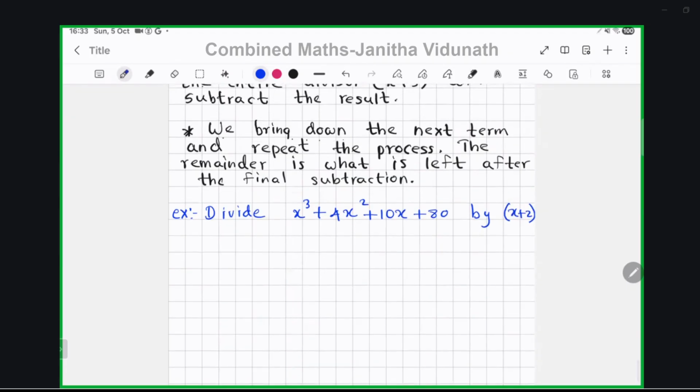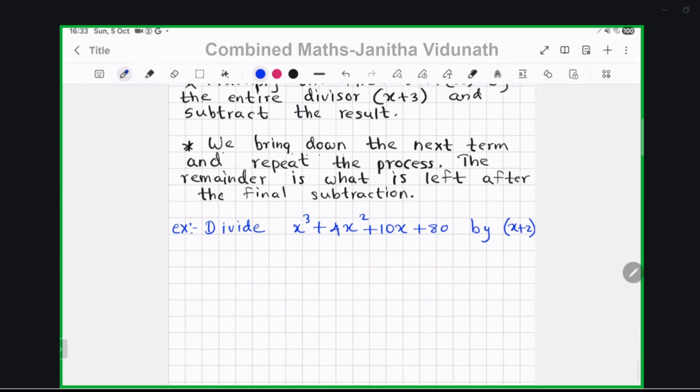Let me repeat, divide x cube plus 4x square plus 10x plus 80 by x plus 2. Okay, now we write down our dividend and the divisor. Here x cube plus 4x square plus 10x plus 80, and our divisor is x plus 3.